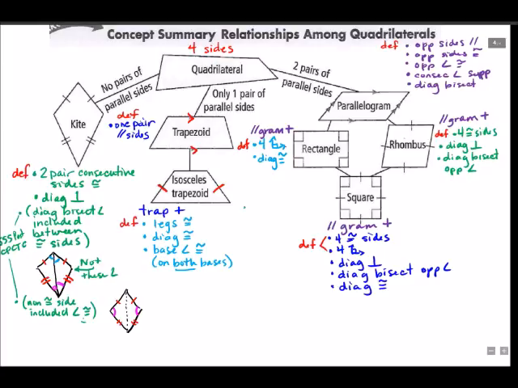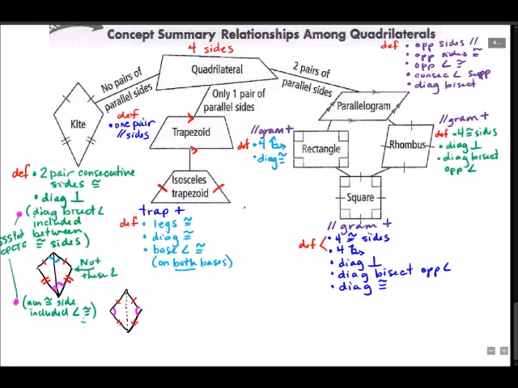Our unofficial theorems here come from our side, side, side postulate, and our CPCTC is that the diagonals bisect the angle included between the congruent sides. So these here. And one thing we didn't talk about, but is really easy to see, is that the non-congruent sides here, the included angle is congruent.